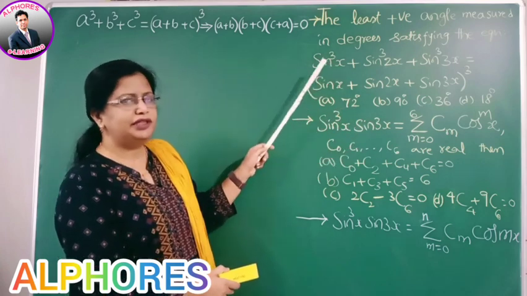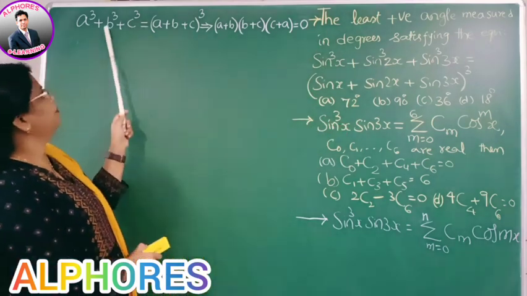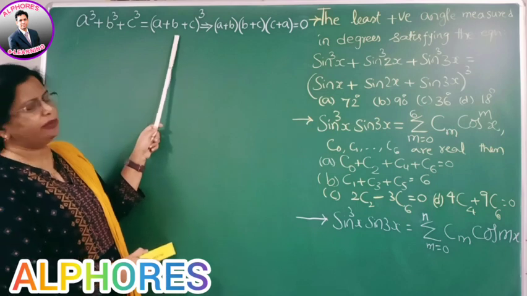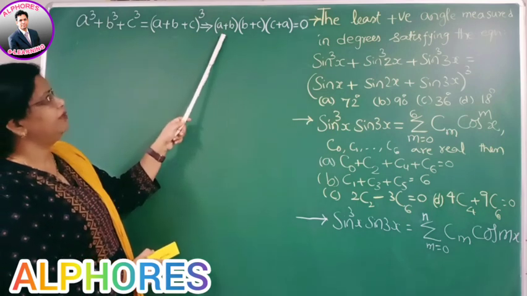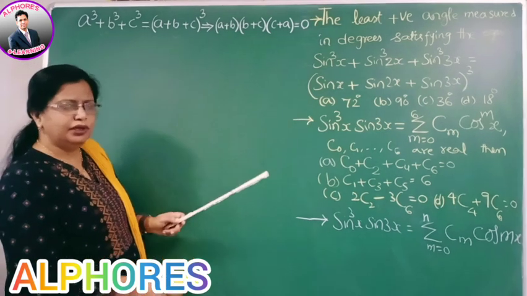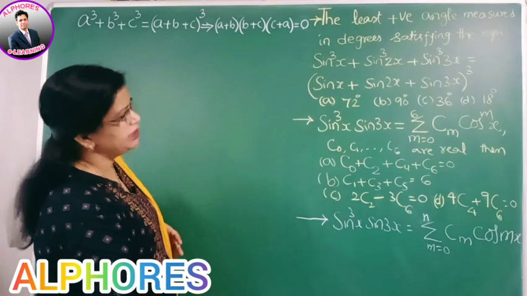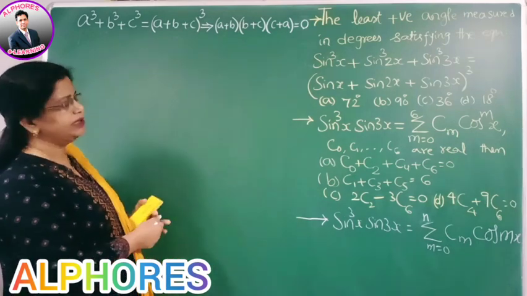Whereas here it's a new one, a cube plus b cube plus c cube equal to a plus b plus c whole cube type. For this algebra formula, it is nothing but a plus b into b plus c into c plus a equal to 0. That's why, while solving this problem, we want to make use of this result.